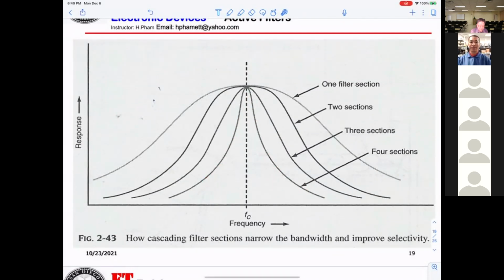Region A, they get a narrow band. Okay. So there will be less noise. With this one here, okay, you must get more noise. Okay. So they say how cascading filter sections narrow the bandwidth and improve selectivity.